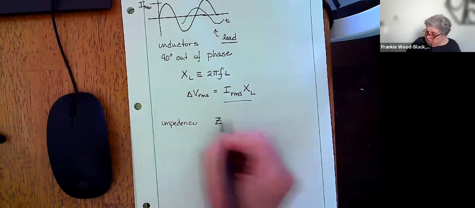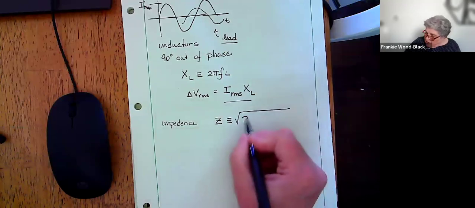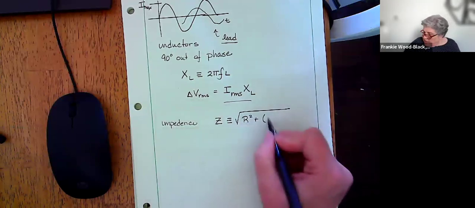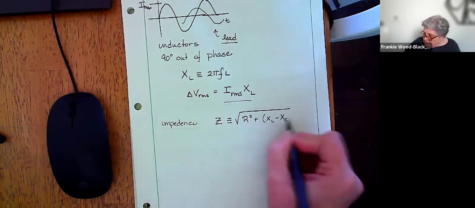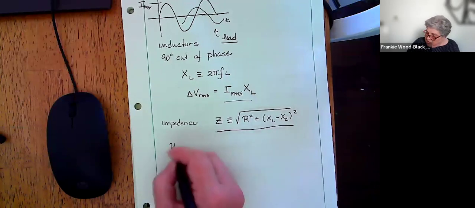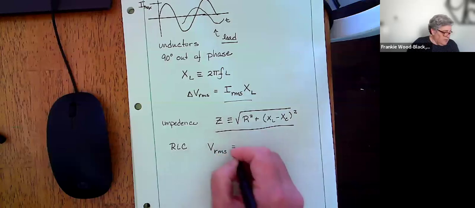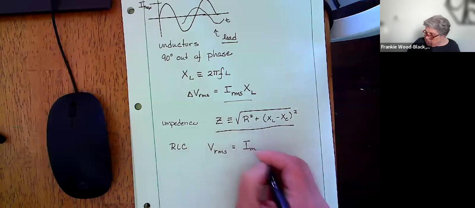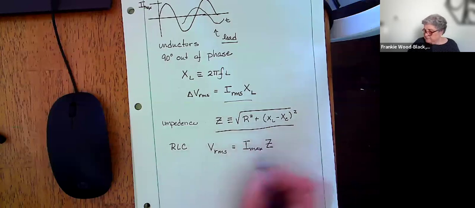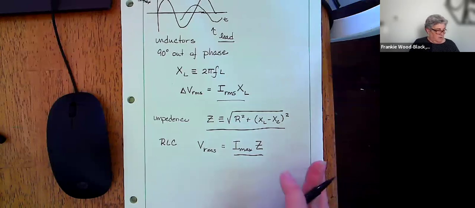That's going to be a Z, and it's defined as the square root of R squared plus my XL minus my XC, squared. And this we can use for an RLC circuit. My voltage RMS is going to equal I max times Z. Now, for you all who are headed into medical stuff, this isn't as critical, but we call these phasor diagrams.